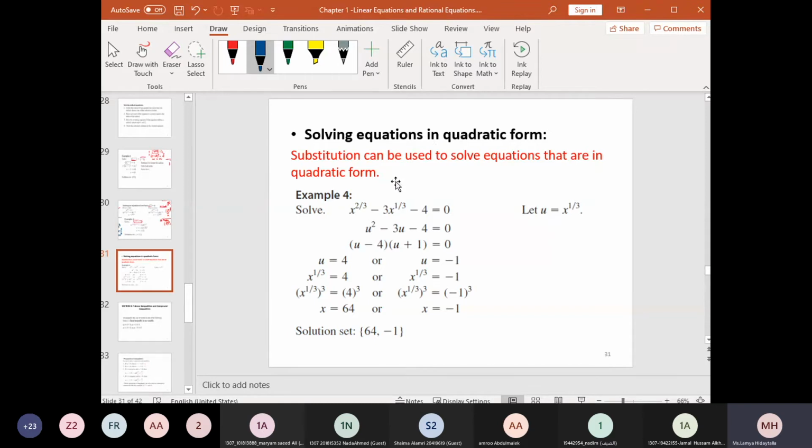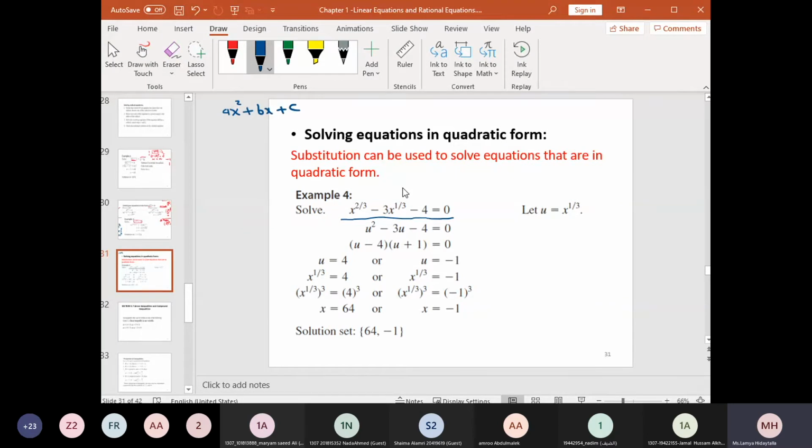Solving equations in quadratic form. Some of the equations could not be in the quadratic form, but again, I can solve them using the quadratic form if possible. For instance, here, this equation. It's not quadratic, because a quadratic equation must be ax square plus bx plus c.